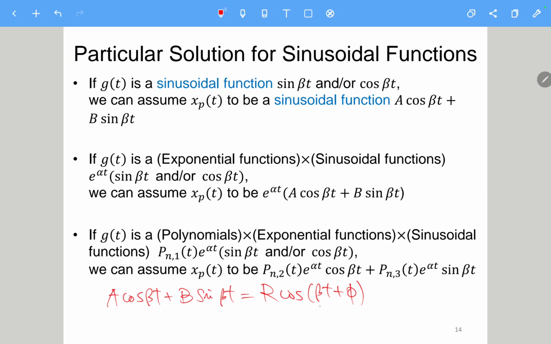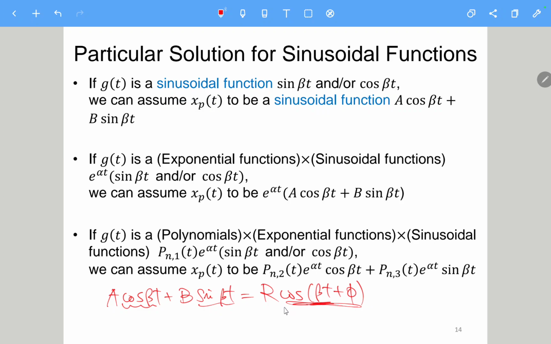Okay, so this cosine has the same frequency as these two. Just what I've mentioned: if a sinusoidal function enters a linear system, the only difference is that the output amplitude may change or the output phase may change, but it will keep the same frequency. So beta is the angular frequency here.